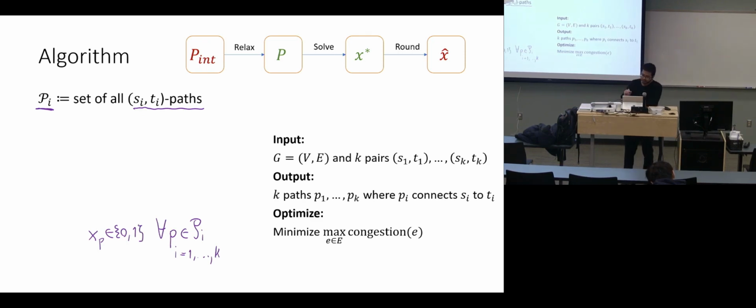Okay, so now what I need is that for every i, I want to choose one path.